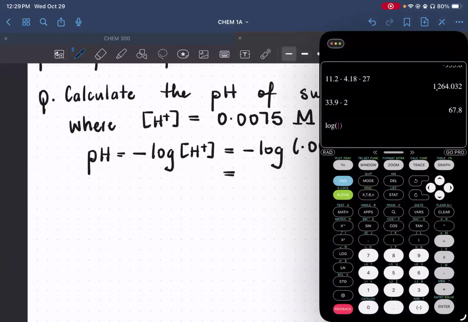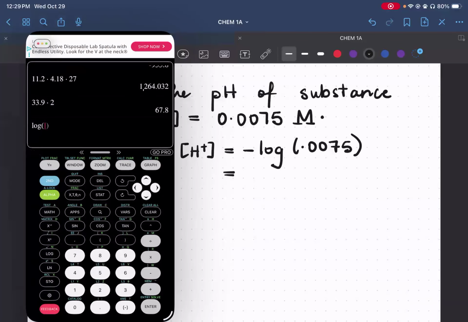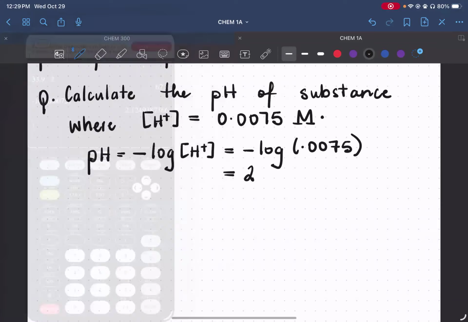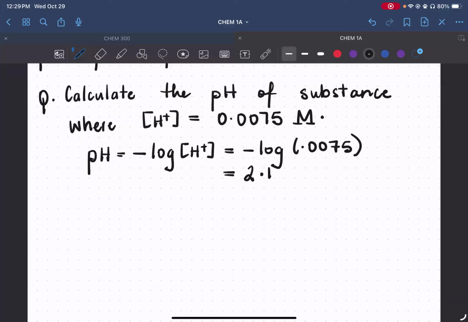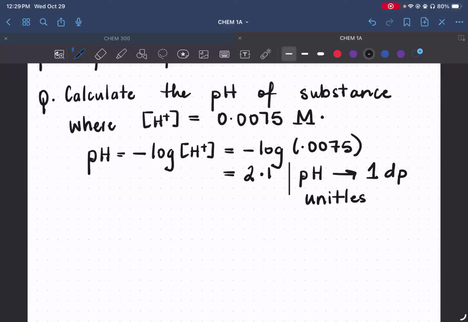And when we put this in our calculator, negative log of 0.0075, we get a pH of approximately 2.1. pH is typically written to 1 decimal place, and pH is unitless.